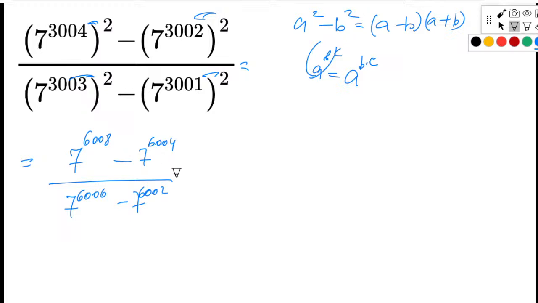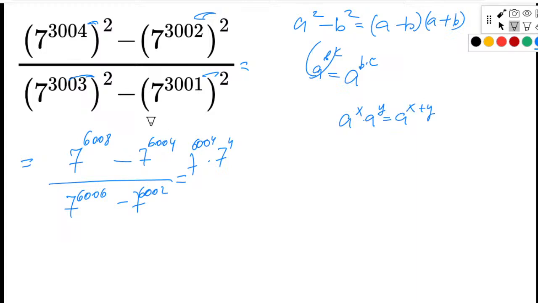And what we get here, we can write 6004 multiplied by 7 to the power of 4, because a to the power of x multiplied by a to the power of y equals a to the power of x plus y.